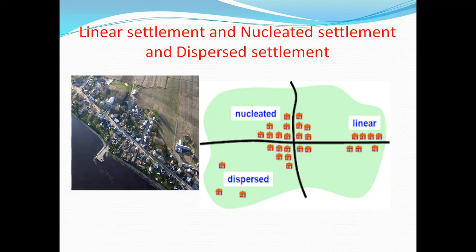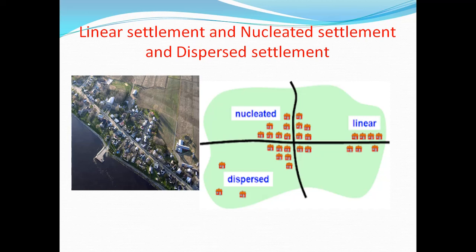Nucleated settlements are the ones where the houses are grouped closely together, often around a central road or many central buildings and business places. It is found on both sides of the road and other roads, and just like a nucleus, it is called a nucleated settlement.